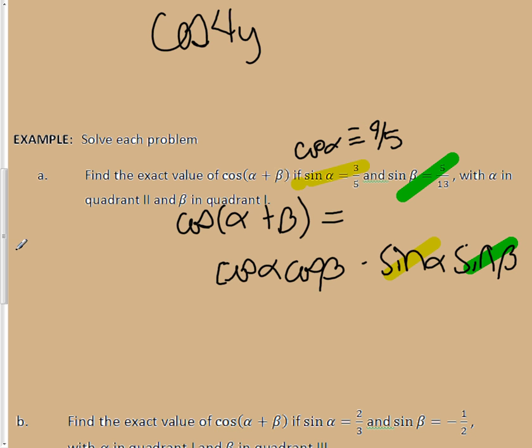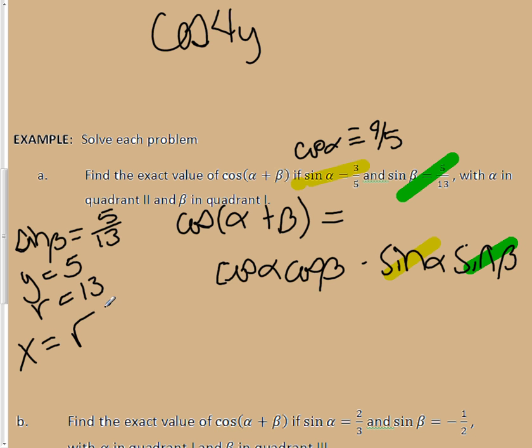So for beta, I have the sine of beta is 5 over 13. So that means my y is 5, my r is 13, and my x is equal to the square root of 13 squared, which is 169, minus 5 squared, which is 25.